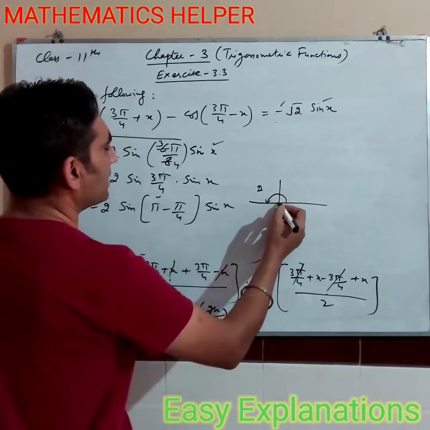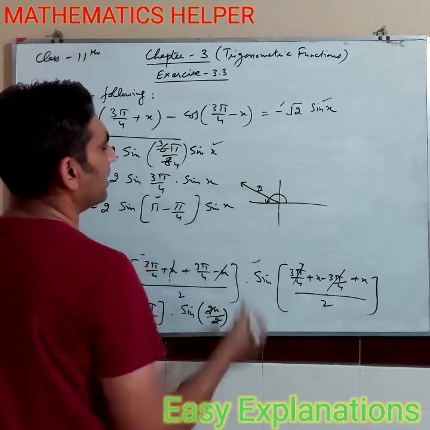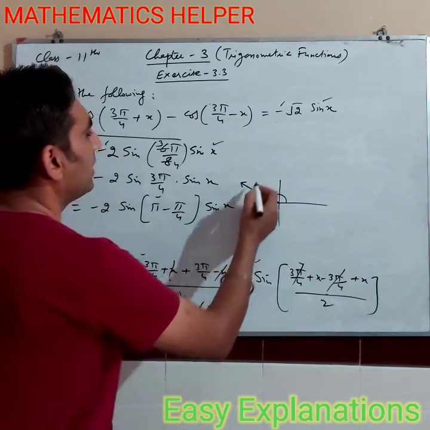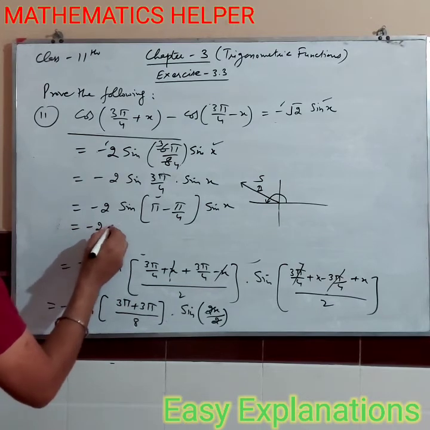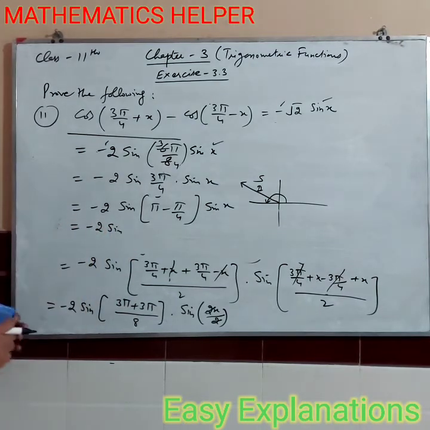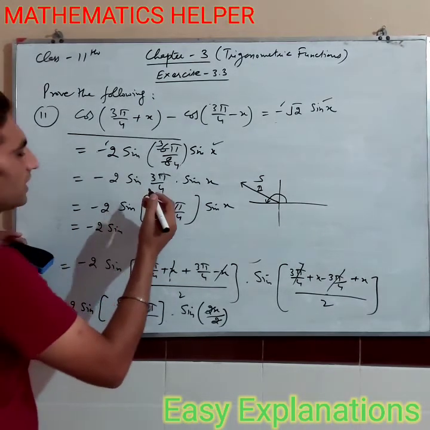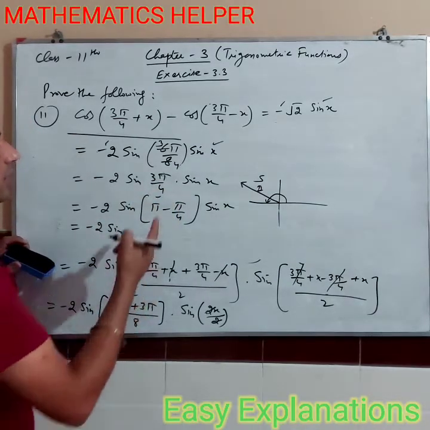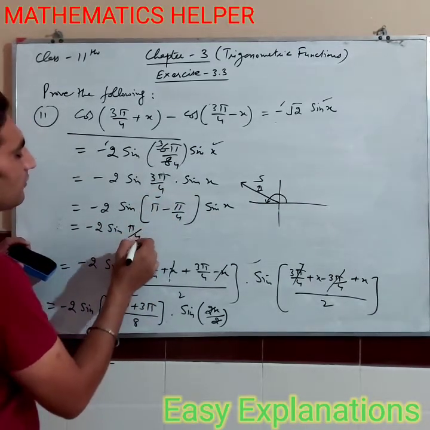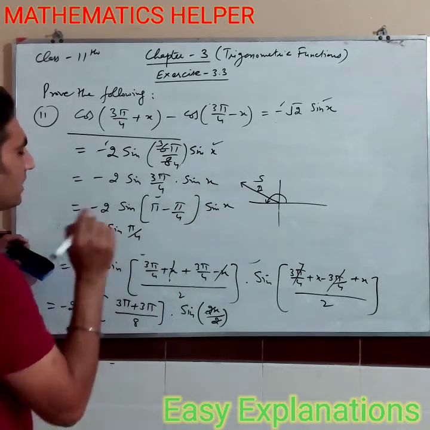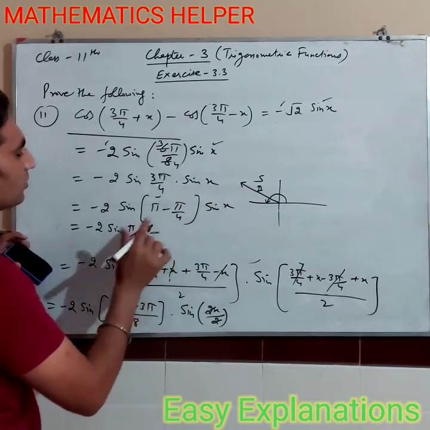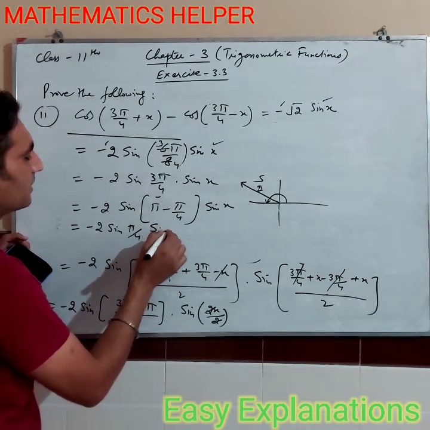So π − π/4, meaning 45 degrees, lies in the second quadrant. And in the second quadrant, sine is positive. Because of the multiple of π, there will not be any change in the name of this trigonometric ratio. Sign will remain the same, and we can leave π and it will be sin π/4 with the positive sign, because sine in the second quadrant is positive. And into, don't forget that last value, which is sin x.